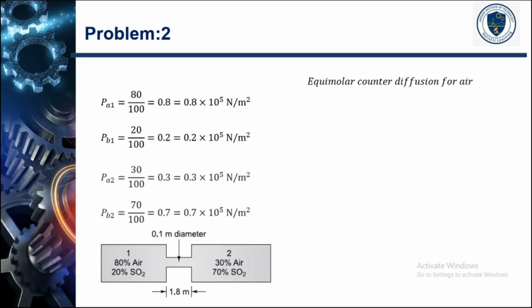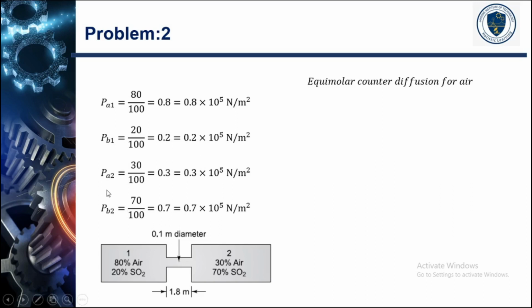Similarly, we have to calculate the partial pressure of air and SO2 in chamber 2. So 0.3 × 10^5 Newton per meter square is the partial pressure of air in the second chamber. The partial pressure of SO2 is 0.7 × 10^5 Newton per meter square.